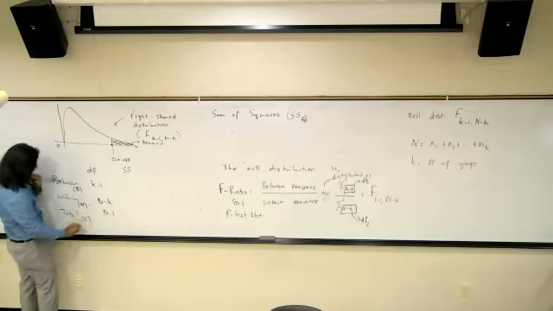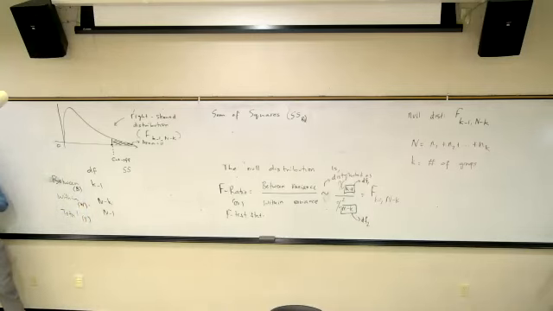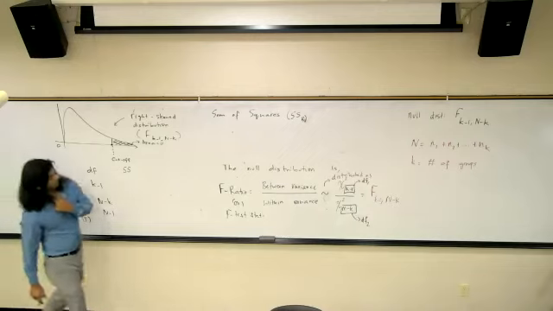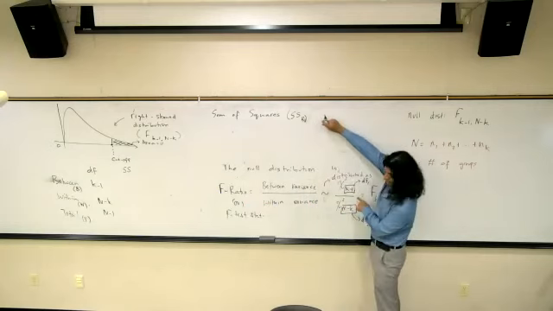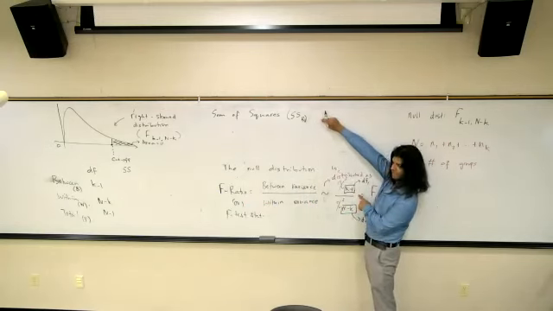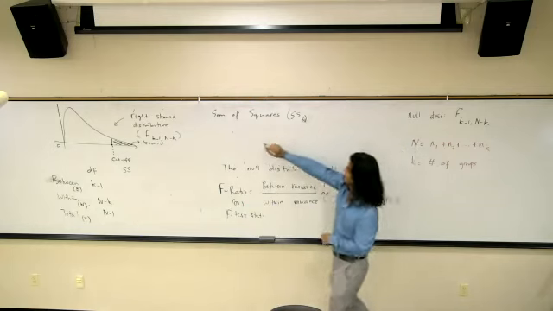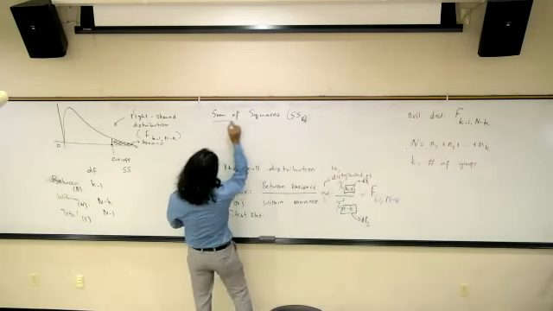The degrees of freedom for the sum of squares is k minus 1.